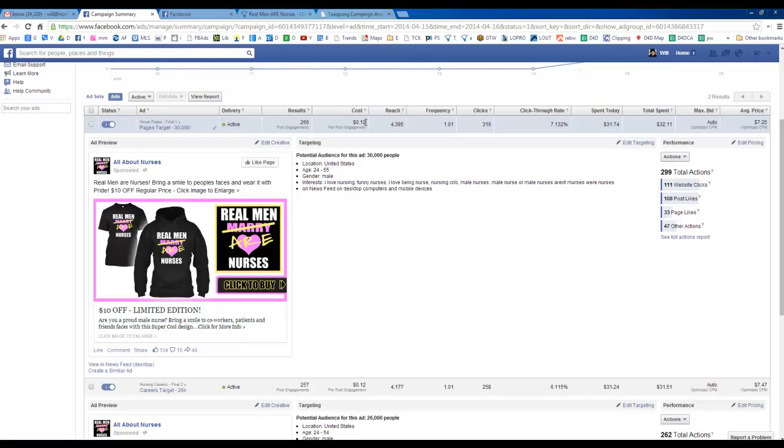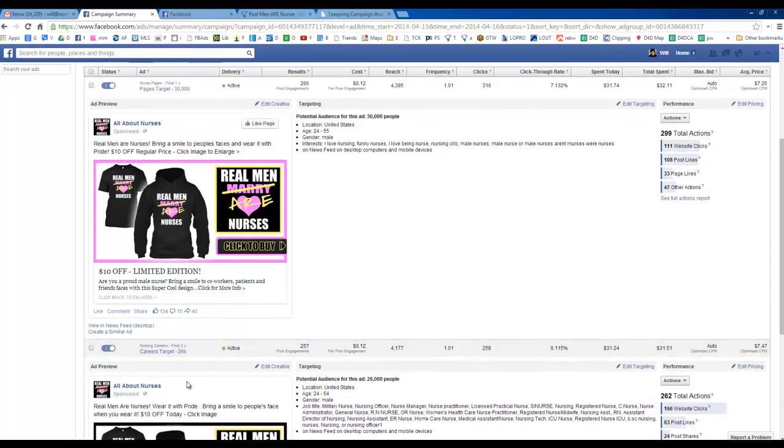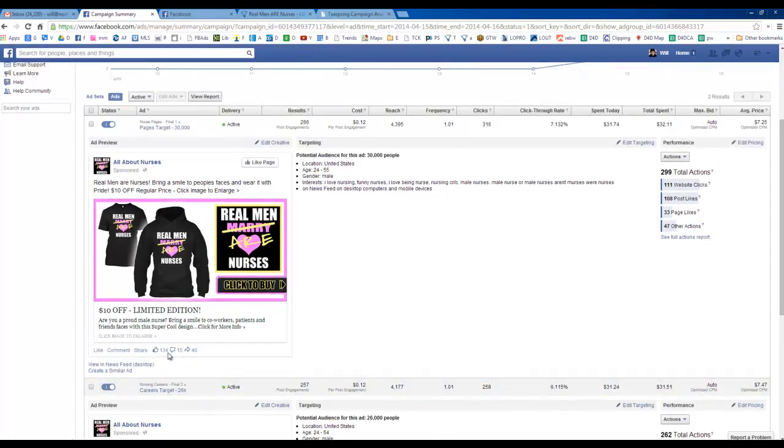But again, I don't usually run a hoodie as my main sale. Usually it's a shirt that we're running for $20 or $21.99, right? But here you can see, and these are two different ads with two different ad copies, okay? But 134 likes, 15 comments, and 40 shares.